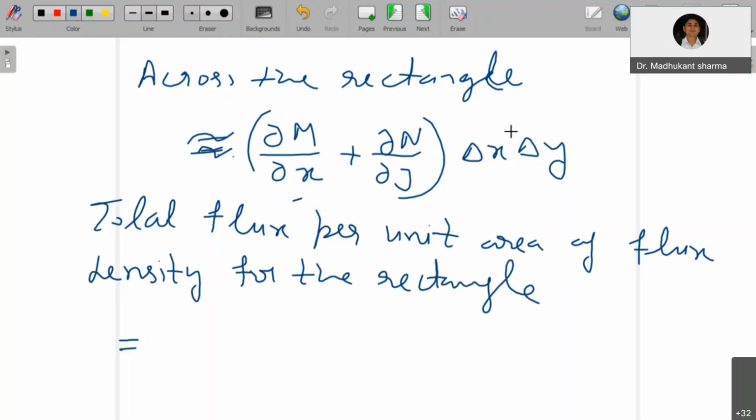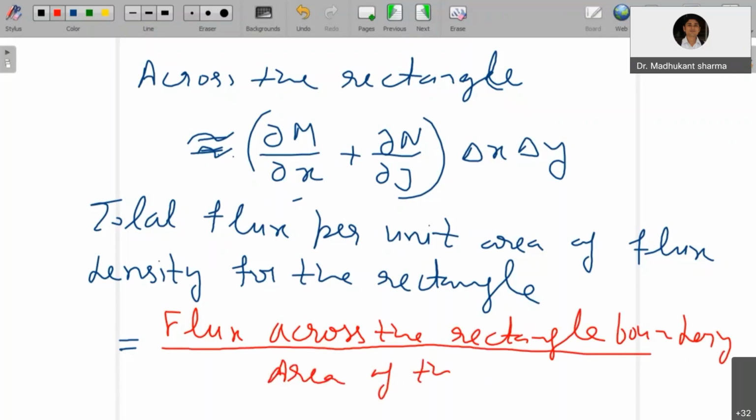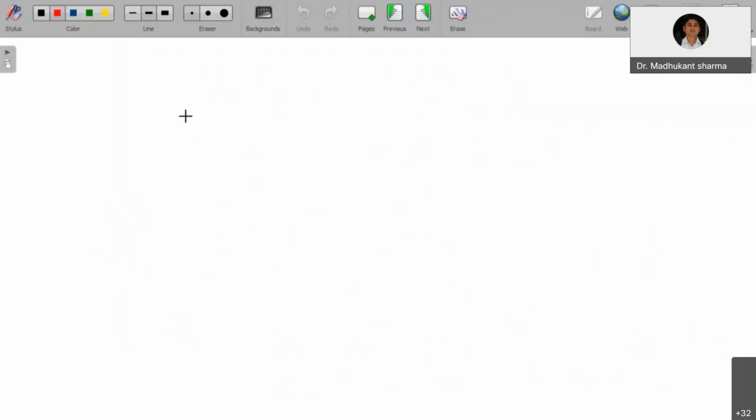You know the area of the rectangle is nothing but delta x into delta y. So the flux across the rectangle boundary divided by the area of the rectangle is approximately equal to dou m by dou x plus dou n by dou y.